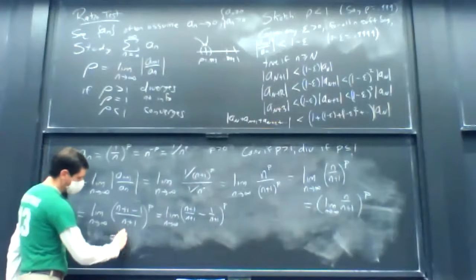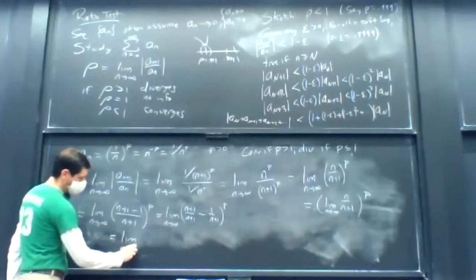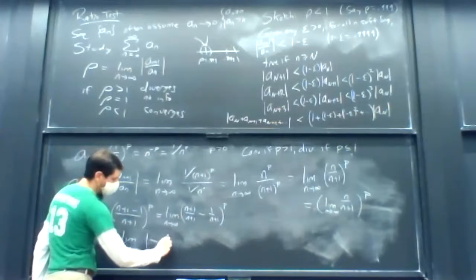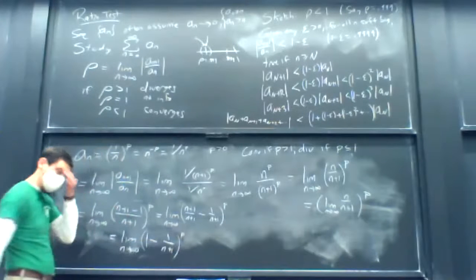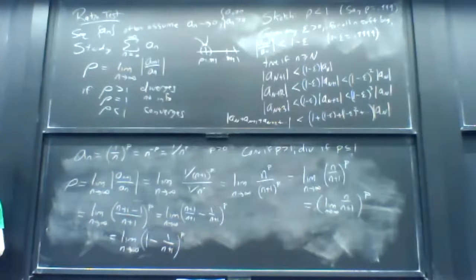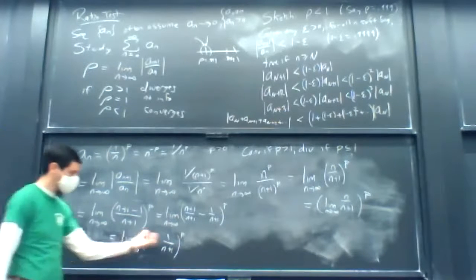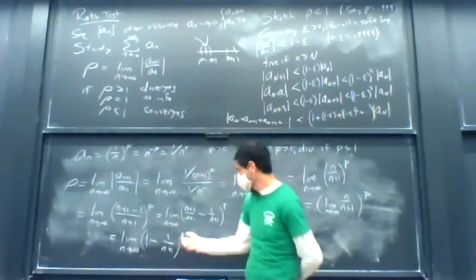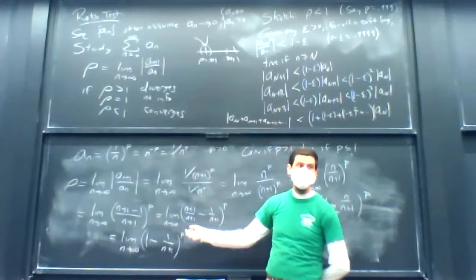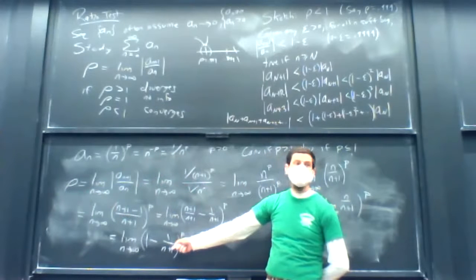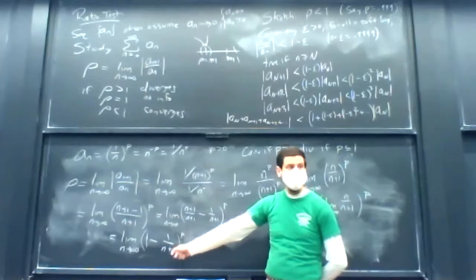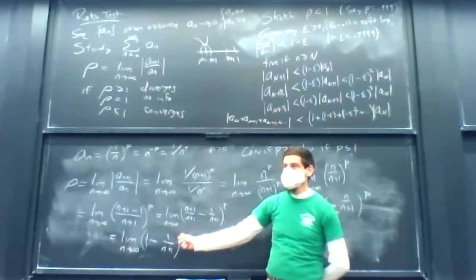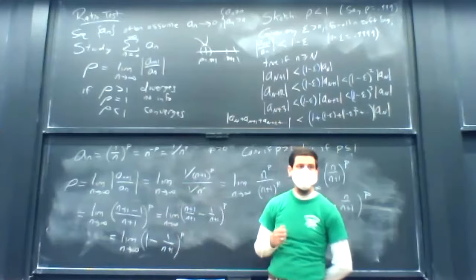This is the same as the limit of (1 minus 1/(n+1)) to the p. Here p is fixed; it might be 100, 1,000, whatever, it's a fixed number. I can make this as close to 1 as I want by taking n to be really, really large, and since I'm raising it to only a finite power, it's not going to get that much smaller.